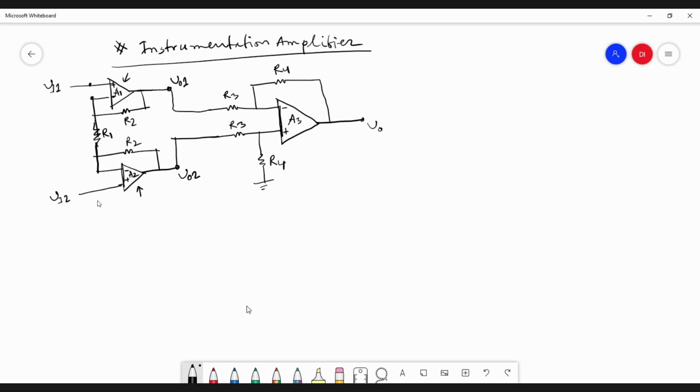This one and this one are equal, and also this one and this one are equal.